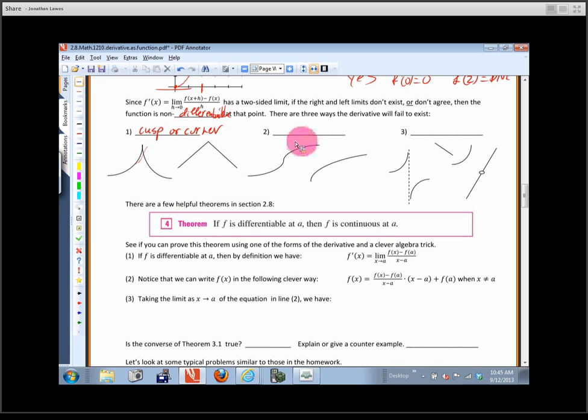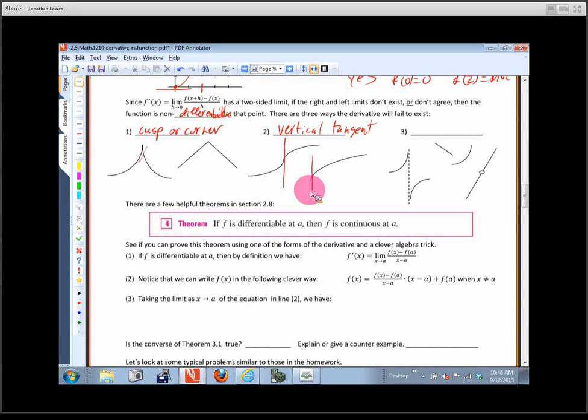Okay, the next one is vertical tangent. Please don't tell me it's a vertical asymptote. I have this all the time. I'll say, what are the 3 ways a function can fail to be differentiable at a point? And people will say cusp or corner, and then they'll say vertical asymptote. That's not what we're after. Vertical tangent. So the tangent at this point is straight up and down. What is wrong with a vertical line as far as slopes go?